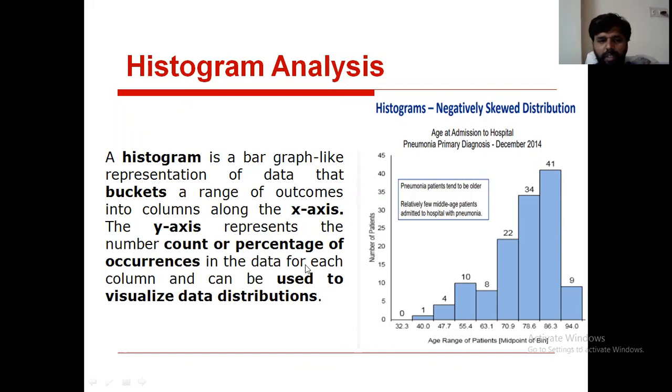Here, this y-axis shows the number of occurrences or percentage of occurrences, right? Like this, the data is visualized and distributed in the geometric coordinates.